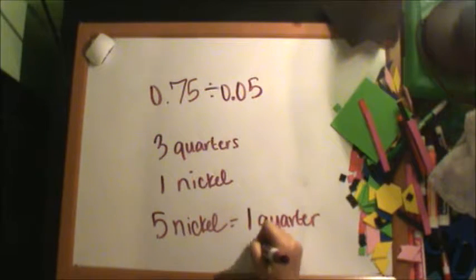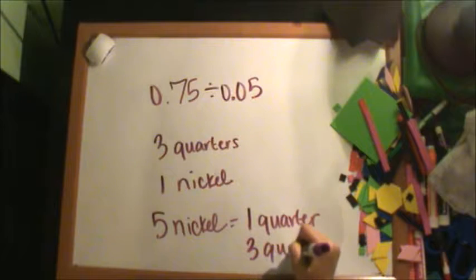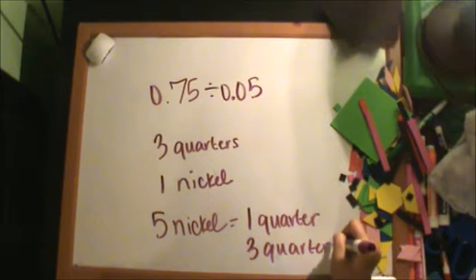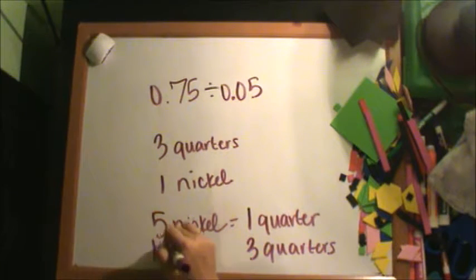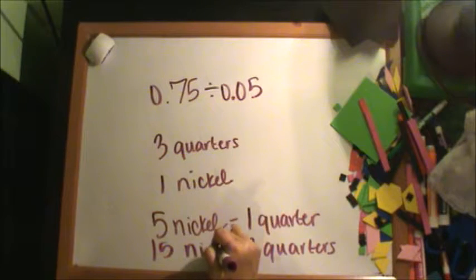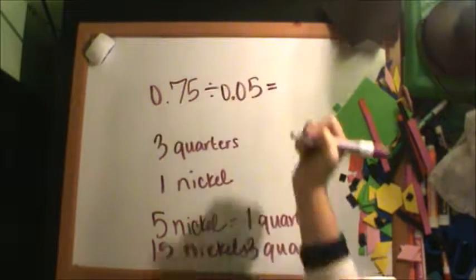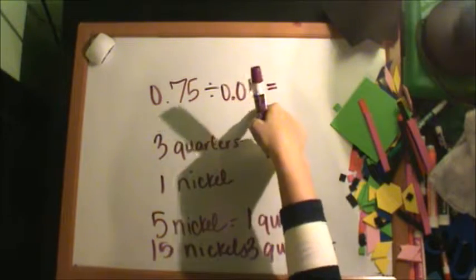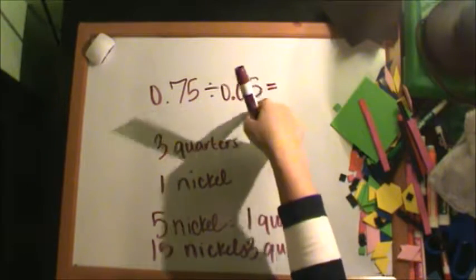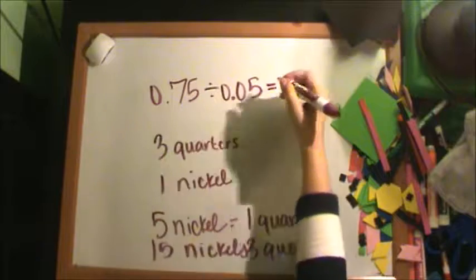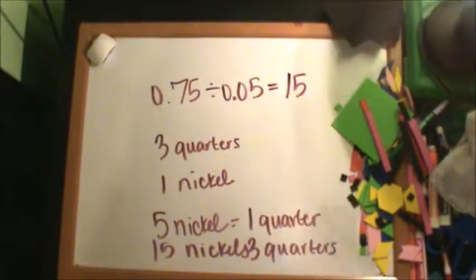So therefore, 3/4 would have to be 15 nickels, which would mean the answer to this problem, how many 5/100ths fit into 75/100ths, is 15.